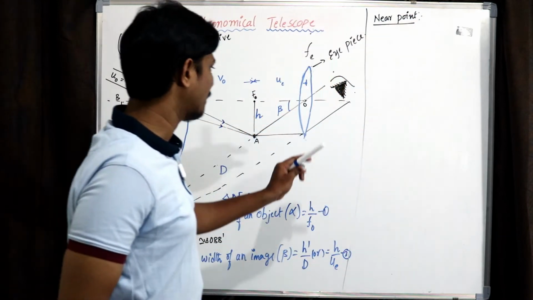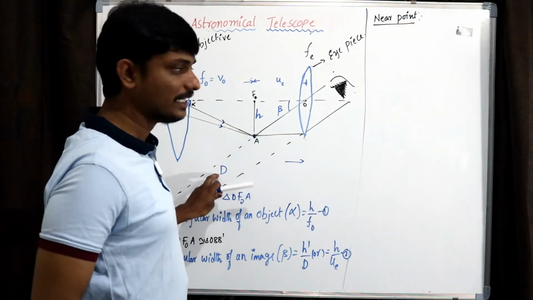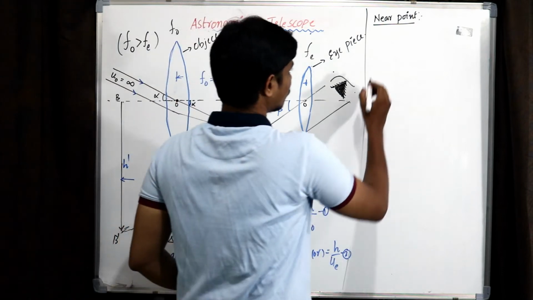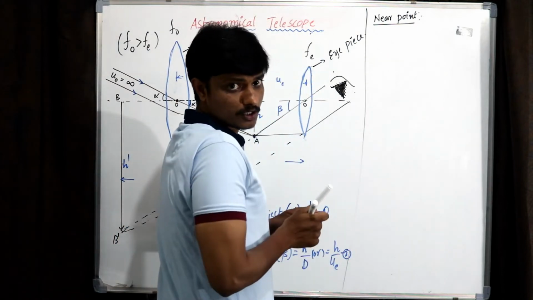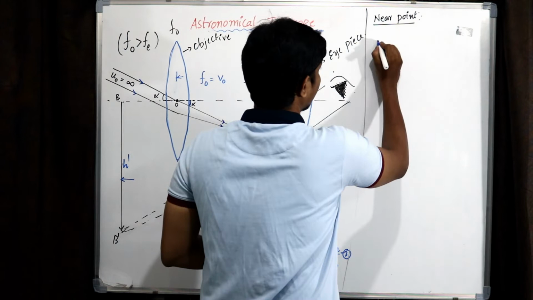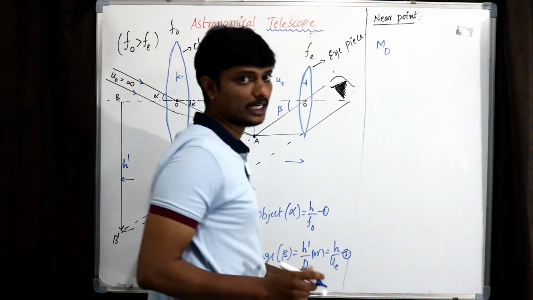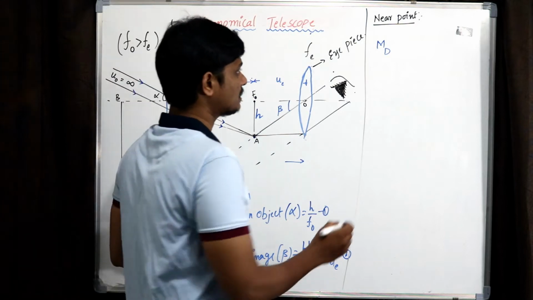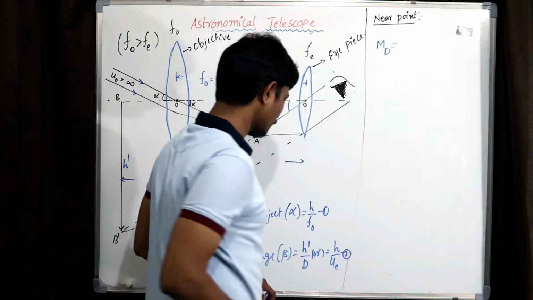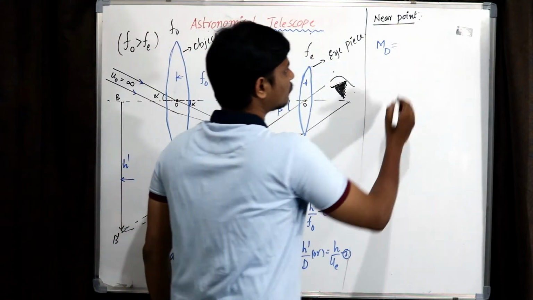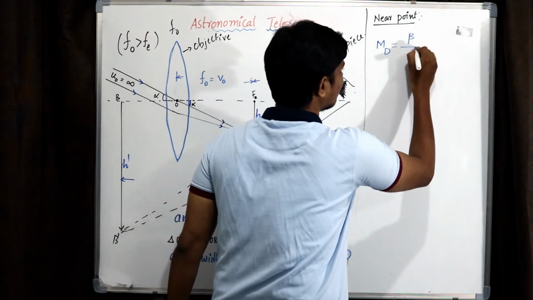That means the image is formed at the near point, the least distance of distinct vision. Therefore, the magnification produced by the astronomical telescope when the final image is formed at the near point is equal to the angular width of the image by the angular width of the object.